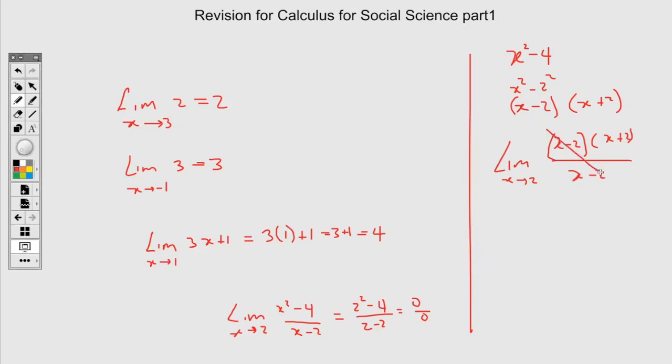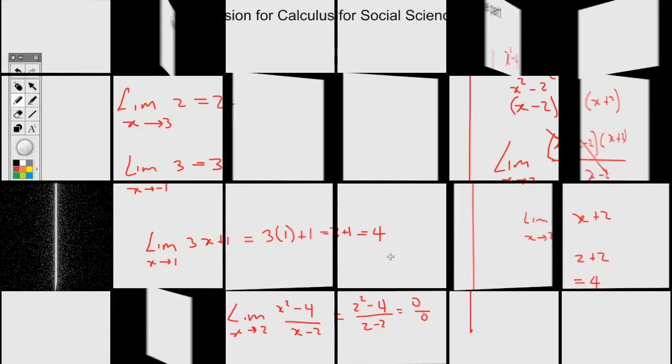I did this so we can cancel here, so I have the limit as x tends to 2 of x plus 2, and then replace x with 2, so we have 2 plus 2, and that is going to give me 4. So my answer is 4.